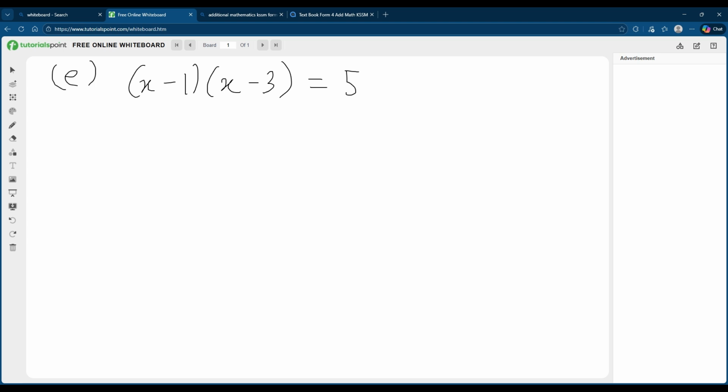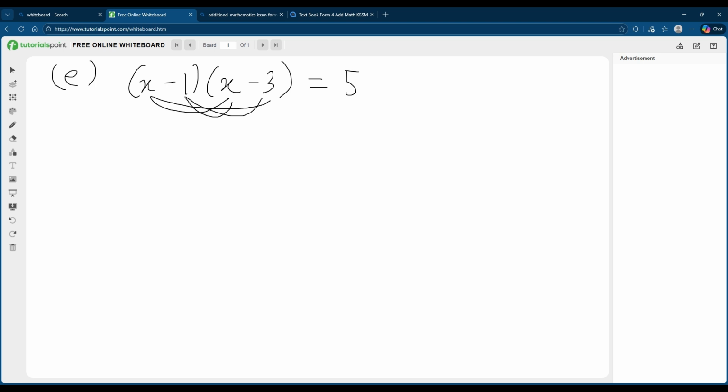The first step is we expand by multiplication. First we do x multiply x, then x multiplied by negative 3, and then negative 1 multiply x, negative 1 multiply negative 3. Follow me.